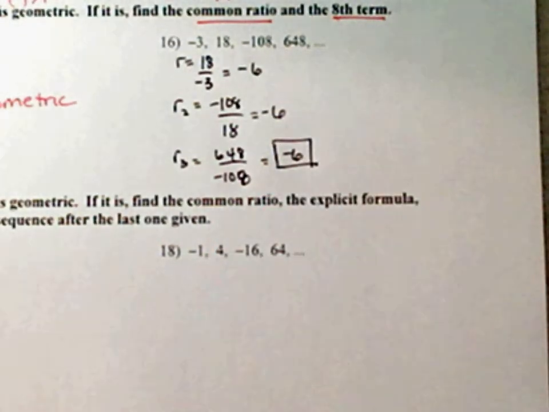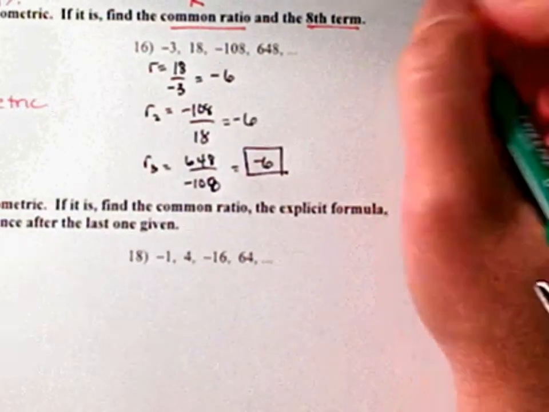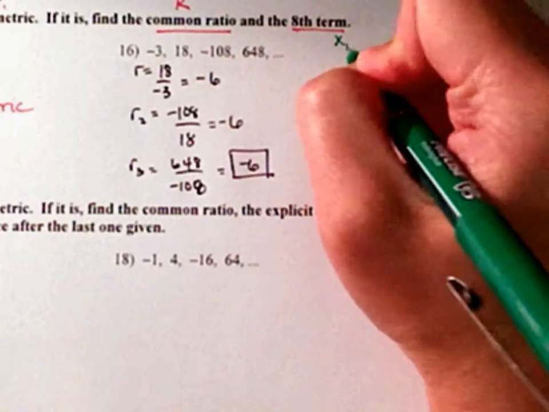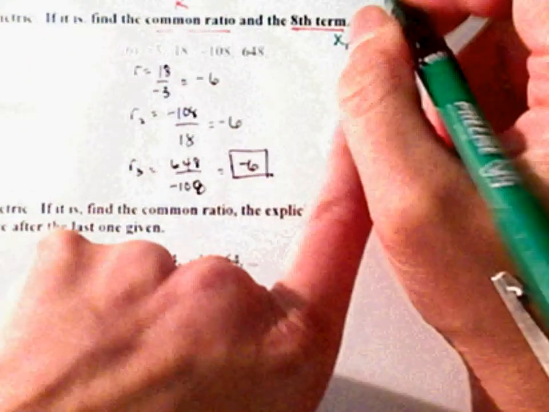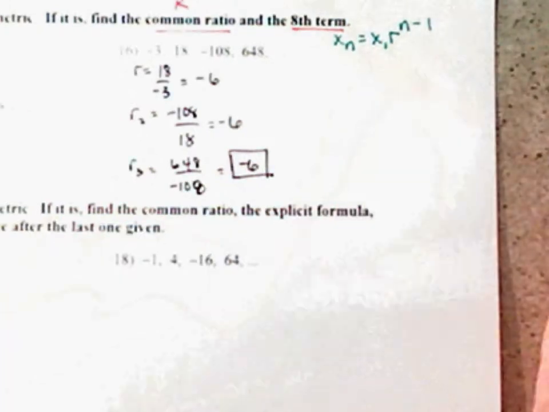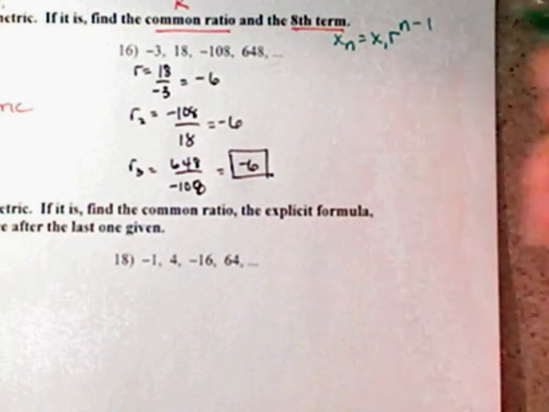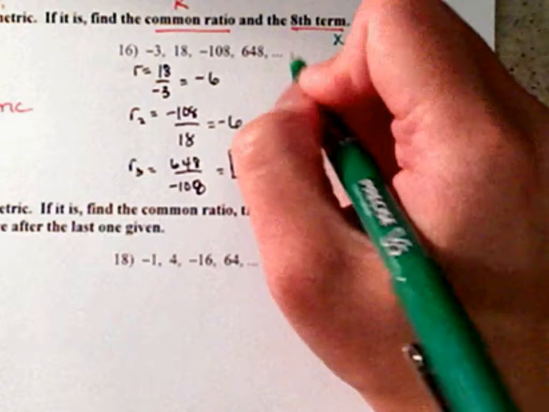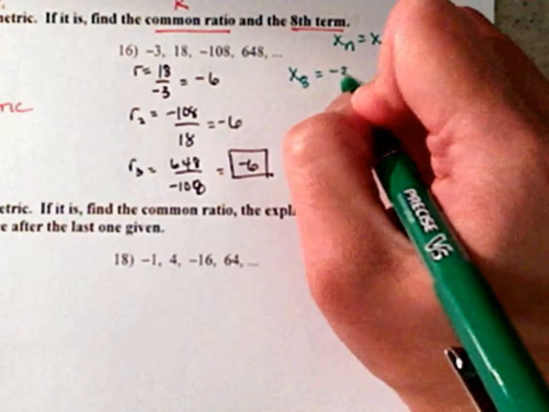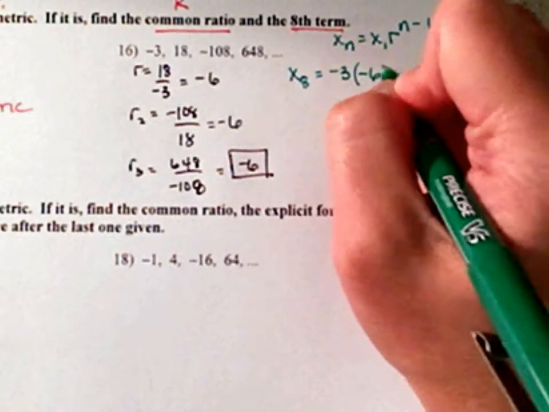Let's go ahead and find our eighth term. To find our eighth term, you have to use the explicit formula, which is x of n equals x1 times r to the n minus 1. Okay? See how that's in exponential position? So to find that, you would say x of 8 equals what's your first term? Negative 3 times your rate, which is negative 6.